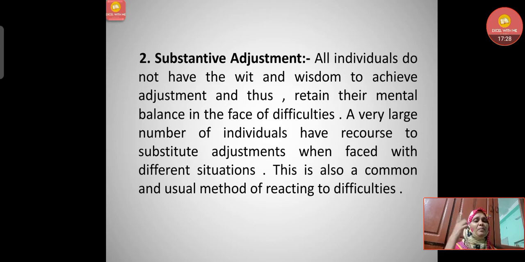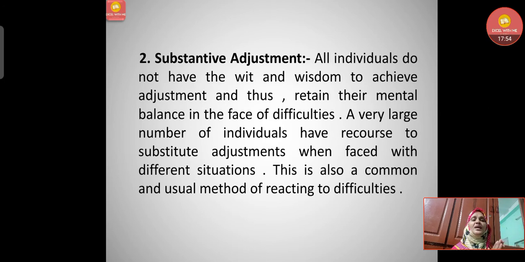In that case, mental balance becomes very difficult. A very large number of individuals have recourse to substitute adjustments when faced with different situations. This is also a common and usual method of reacting to difficulties. So a number of people have substitute adjustment mechanisms.